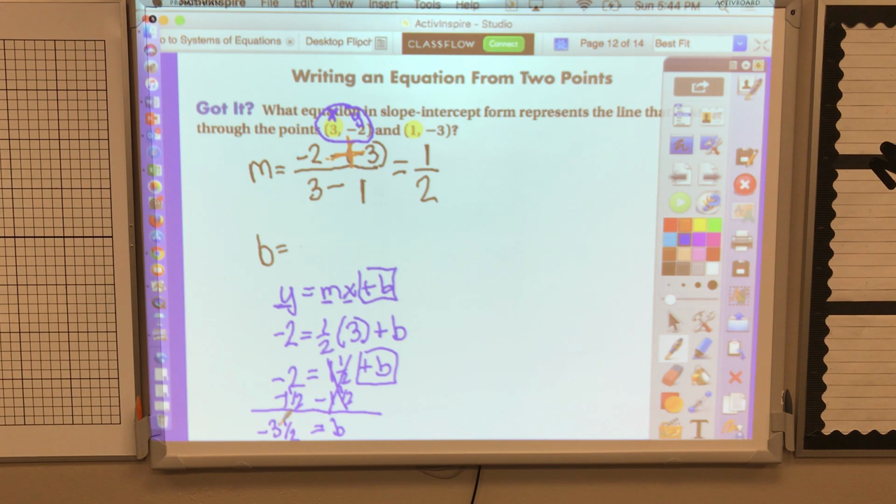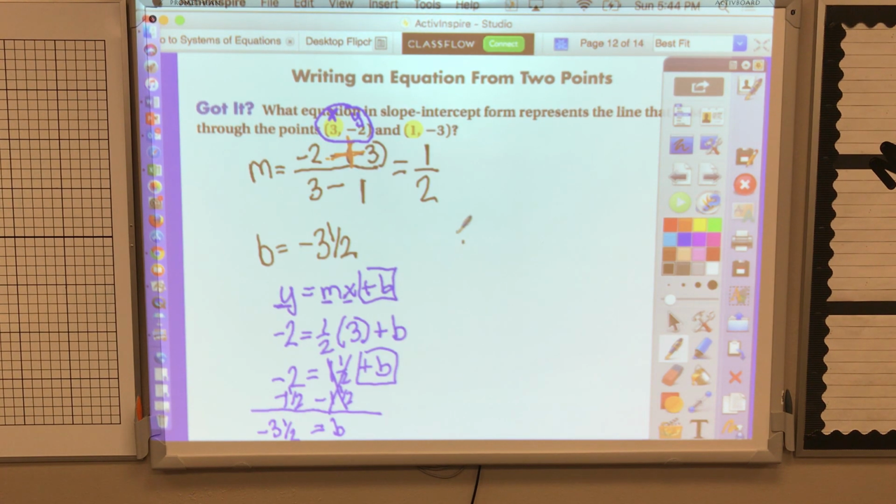And you can write this as -3.5, that's just fine. Just remember when you write your equations, the slope has to be a fraction. Your y-intercept can be either. So our y-intercept is going to be -3.5, and I am ready to write my equation.